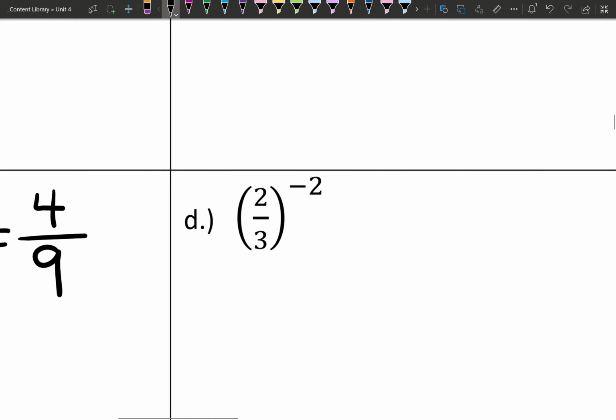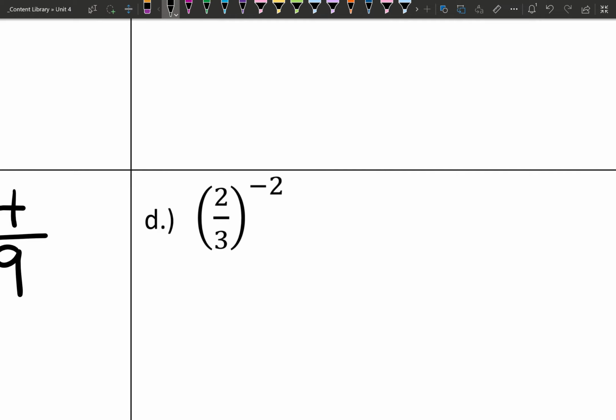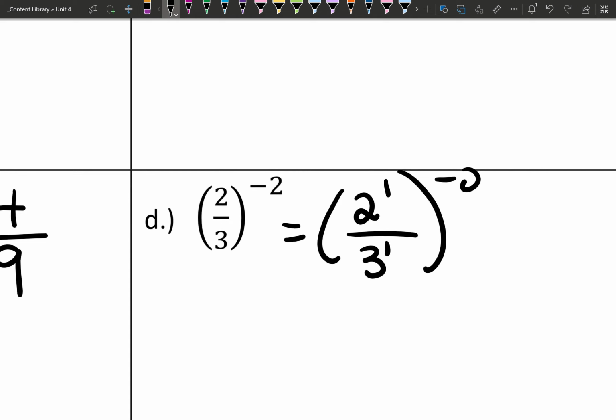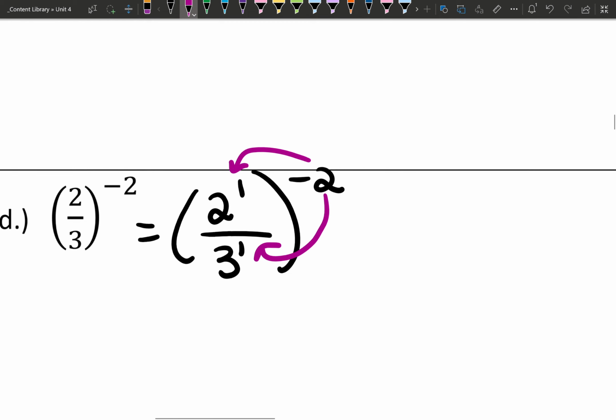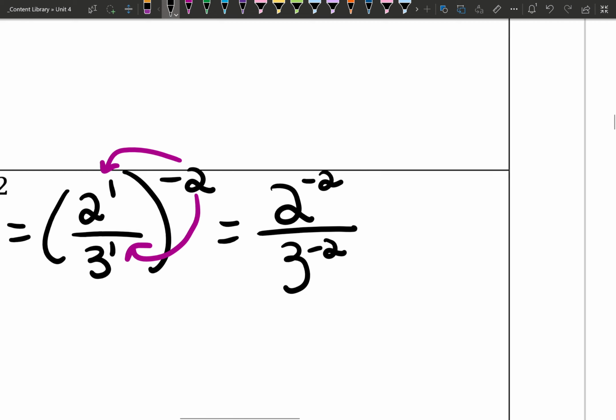Letter D. Similar, but the power is negative. Let's quickly remind ourselves this is actually 2 to the 1st and 3 to the 1st. And let's use power of quotient rule to multiply these powers by negative 2. 1 times negative 2 is negative 2. 1 times negative 2 is negative 2.